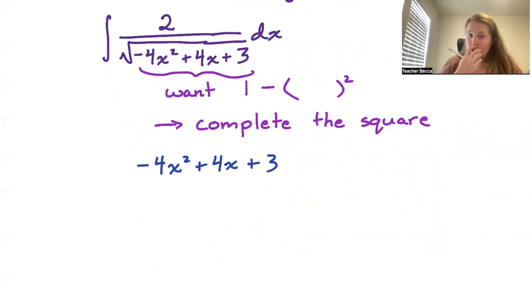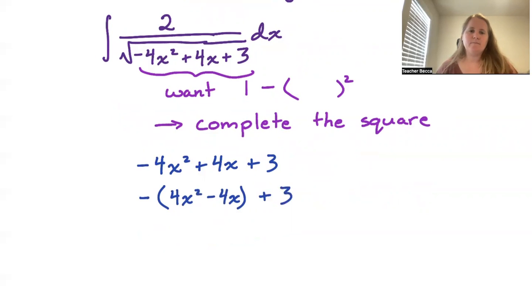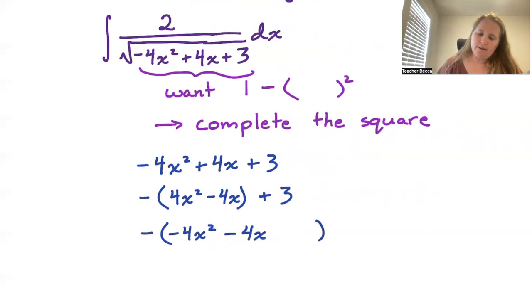I'm just going to do it from the 4x squared and 4x terms. So we have a negative, then parentheses, 4x squared minus 4x, plus blank, and then the plus 3 tagged on the end, and we will then add on another blank.